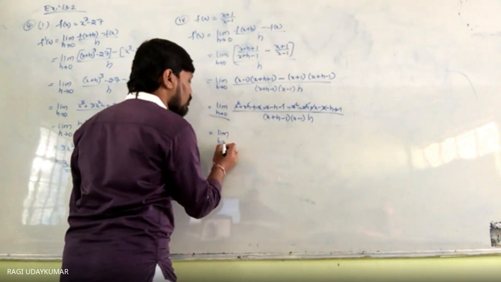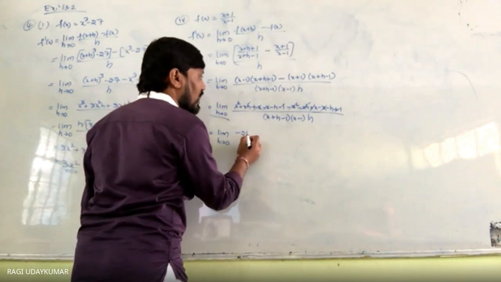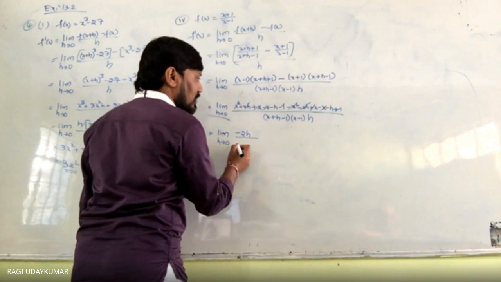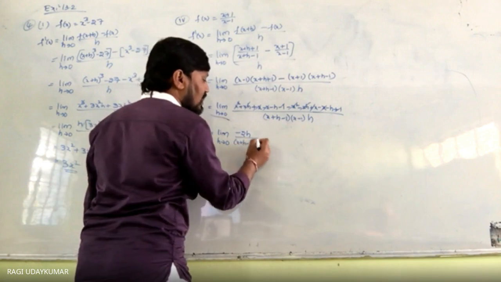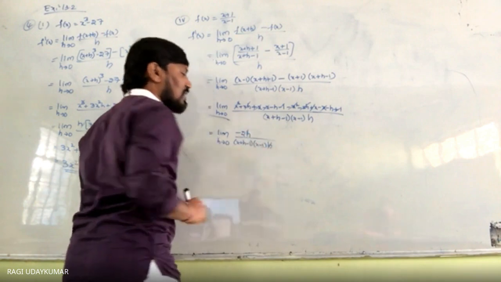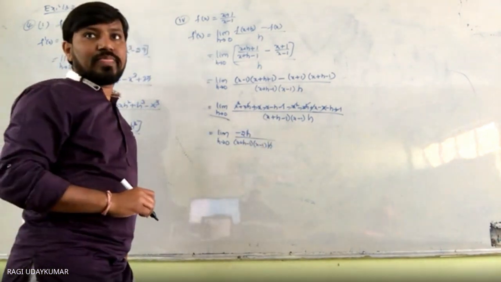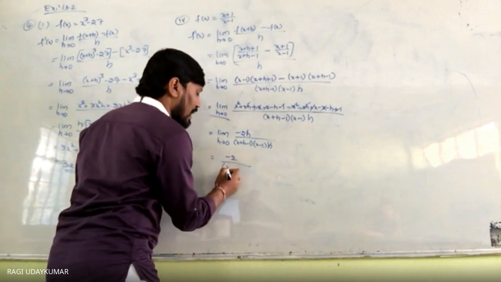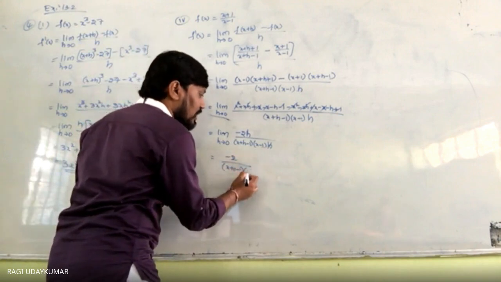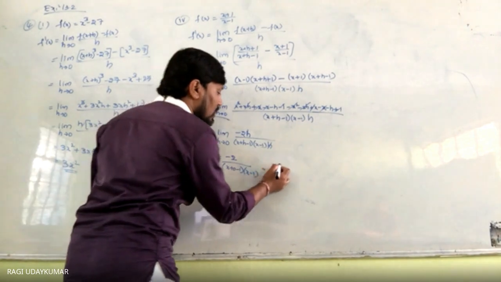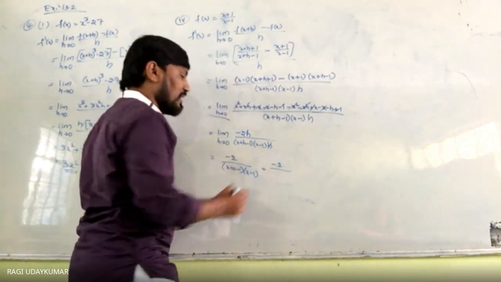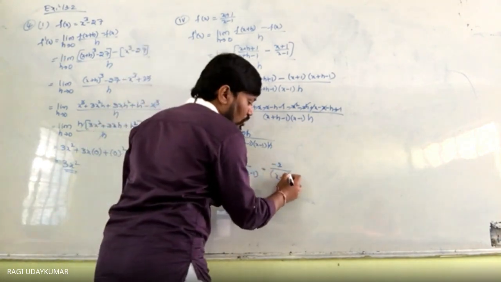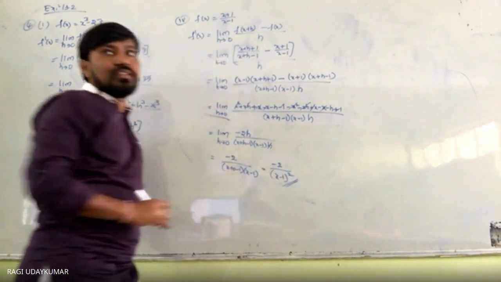Limit h tends to 0, minus 2h by x plus h minus 1 into x minus 1 into h. This h will be cancelled. What is left over here is minus 2 by x plus 0 minus 1 into x minus 1, which equals minus 2 by x minus 1 whole square. That is the derivative of this function.